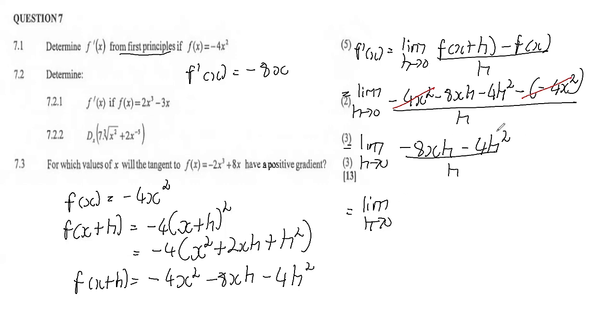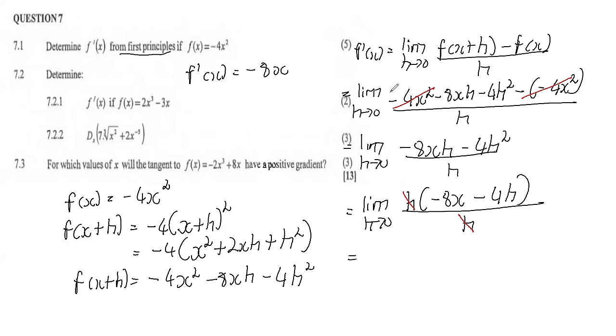Looking at the first term and the second term, we can see that there's a common factor between these two terms, and that's h. You are also looking at the fact that you want to cancel off this h here. So you factor out the h, and you are left with negative 8x minus 4h, over h. Now you can see the h and h will divide each other out, and we are left with that expression there.